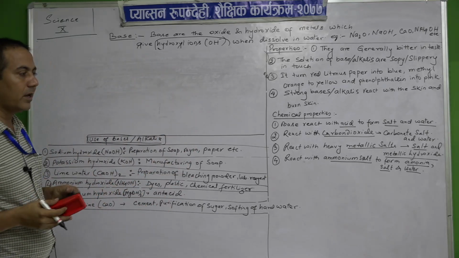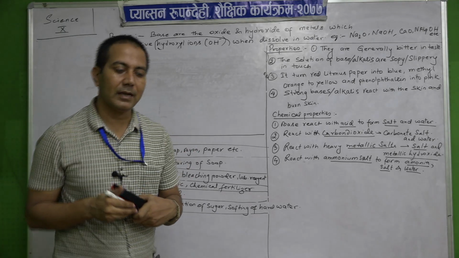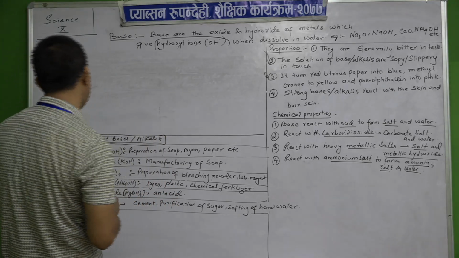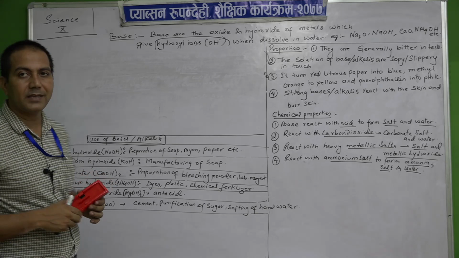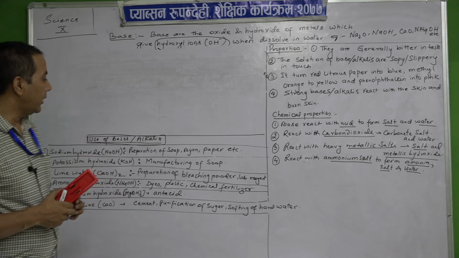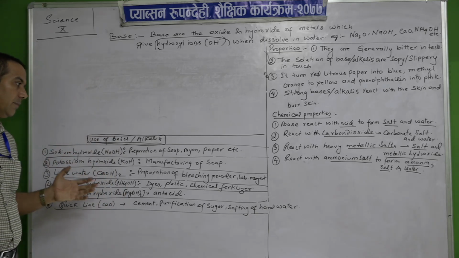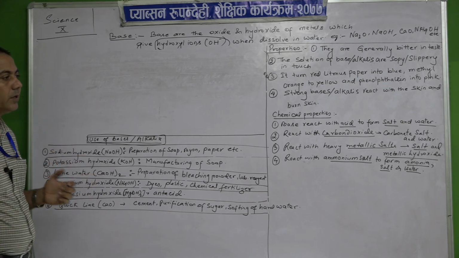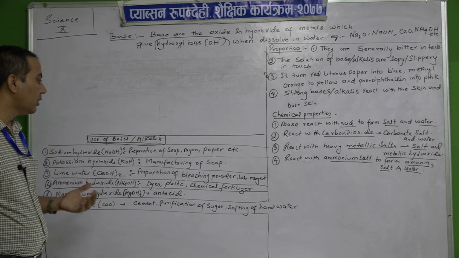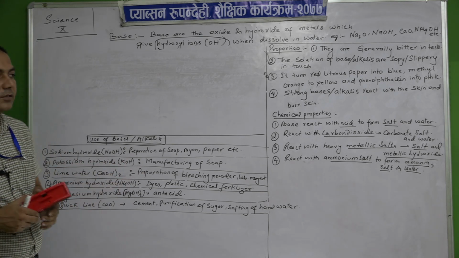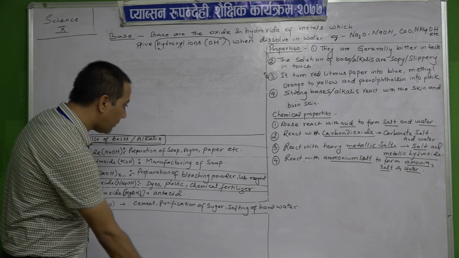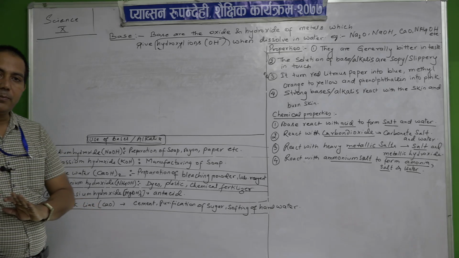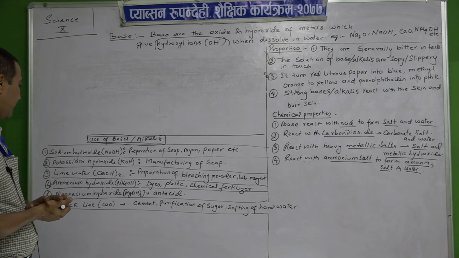Now come to the next one, the use of bases and alkalis. So what are the uses of bases? It is written here, you can copy it from here also. Sodium hydroxide is used for the preparation of rubber, soap or paper.